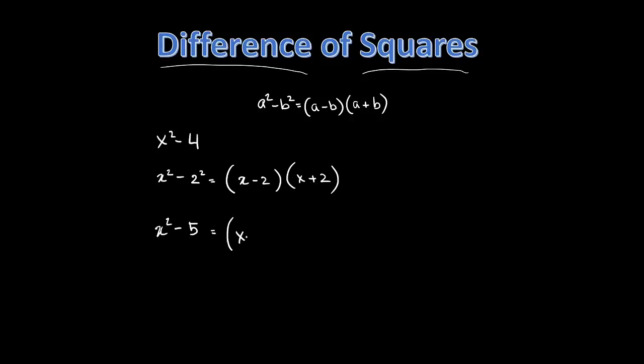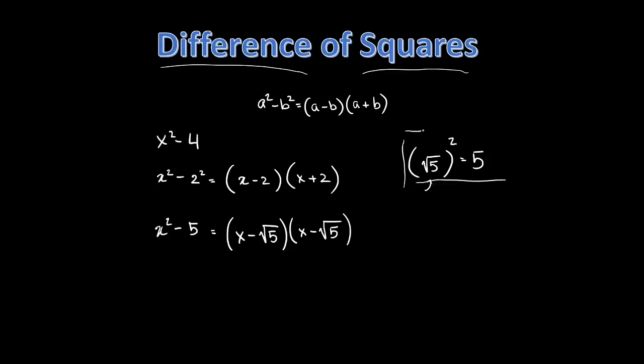You will get an x minus the square root of 5 times the x plus the square root of 5, because the square root of 5 all squared is equal to 5. I know I'm saying square a lot, but if you write this out as x squared minus the square root of 5 squared, you can see how this will be the correct answer.